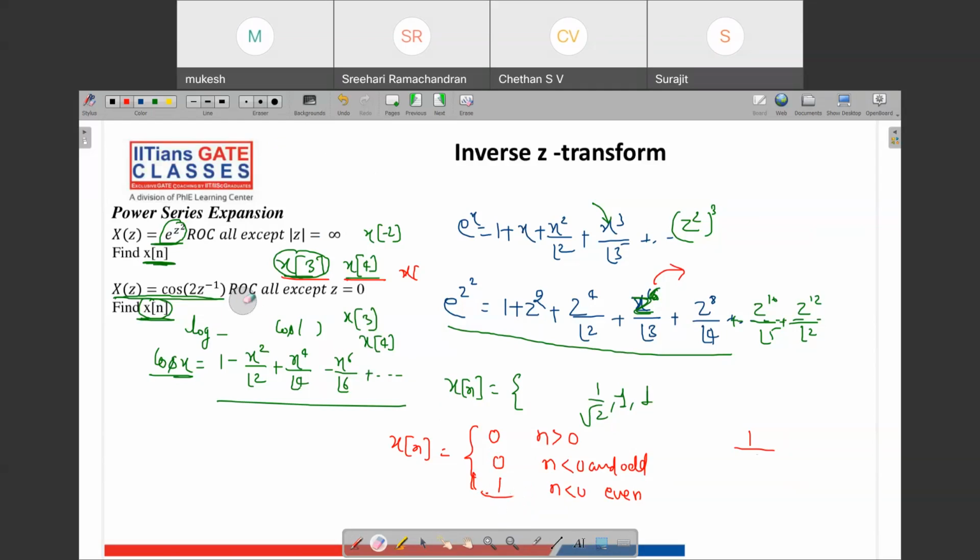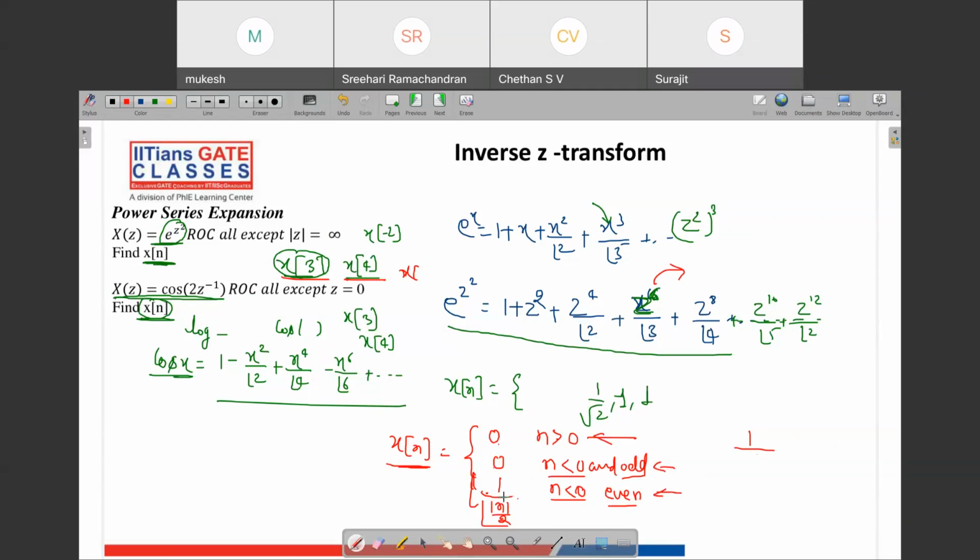Yes, it is indeed n by 2, not into 2. Factorial mod of n by 2. So if the question is asked for this, like find out what is x of n, it will be piecewise like this. For n greater than 0, it is 0. For n less than 0 and odd, it is 0. And for n less than 0 and even, it is like this.